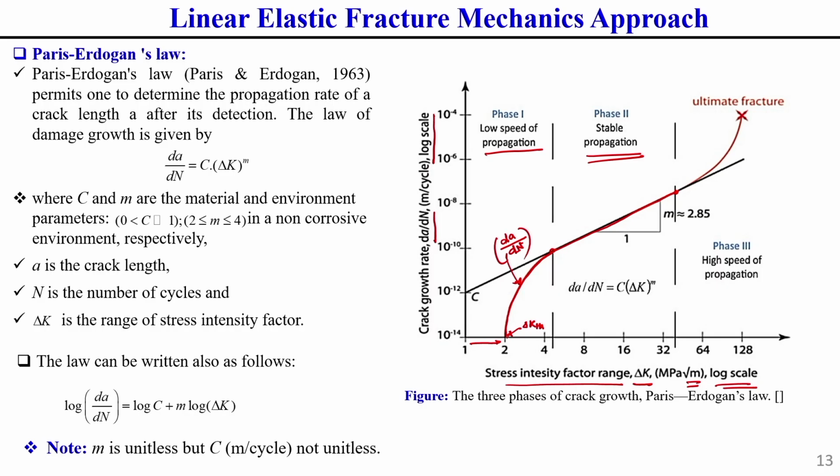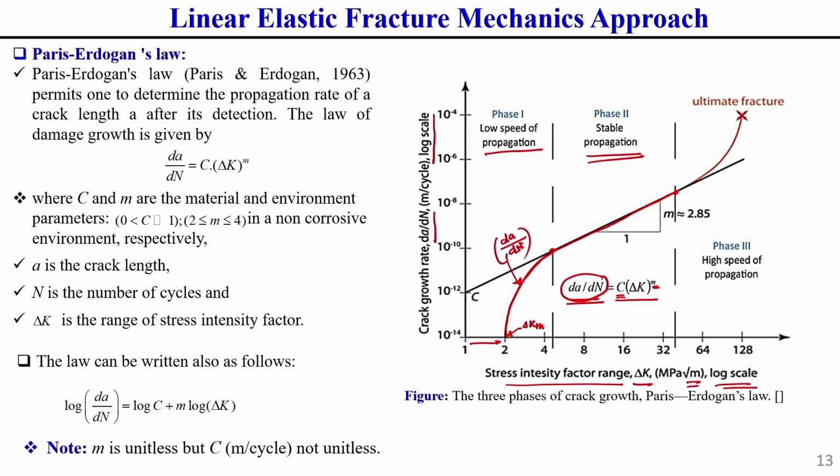How it is that, I will also show. In this second zone, the majority of the time of crack propagation takes place. That is why here we can use a power law. That power law relates the rate of change of crack length with respect to the number of cycles, dA by dN, which can be represented as C into delta K to the power m, where C and m are two constants in this stage 2 zone.